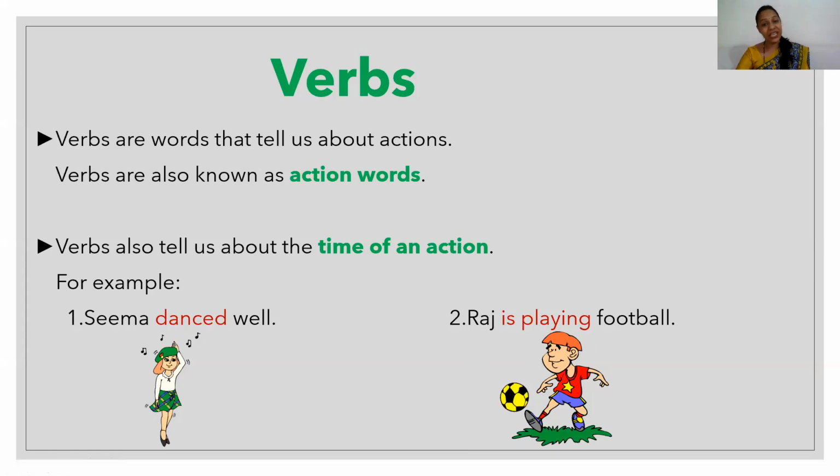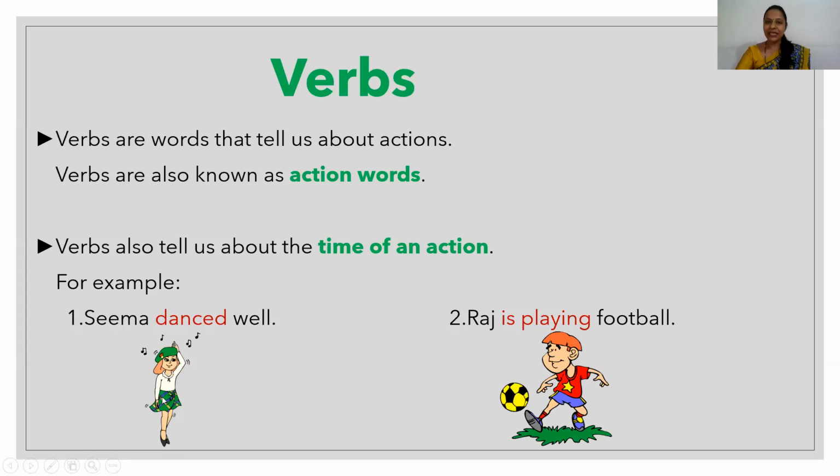Yes, Raj is playing football in the present. So from these two examples, we understand that verbs tell us about the time of an action as well. When we have ed at the end, the action was done in the past, and when we write ing, this means the action is happening at present.